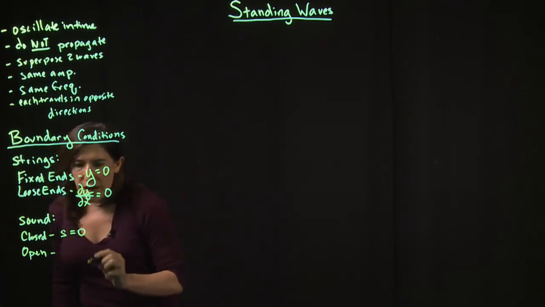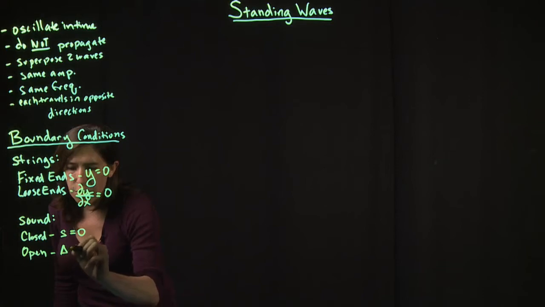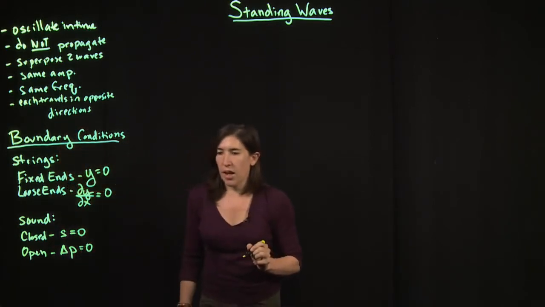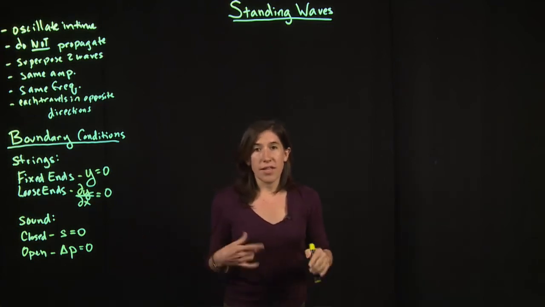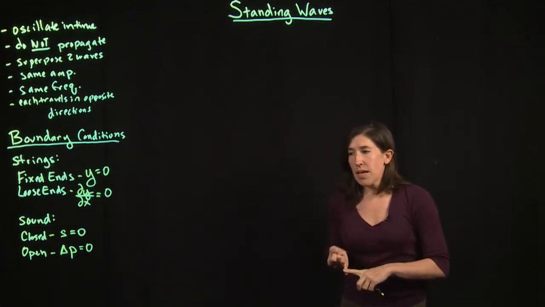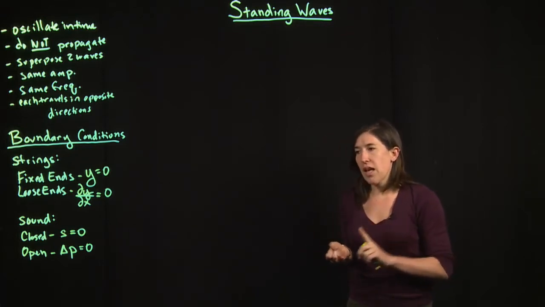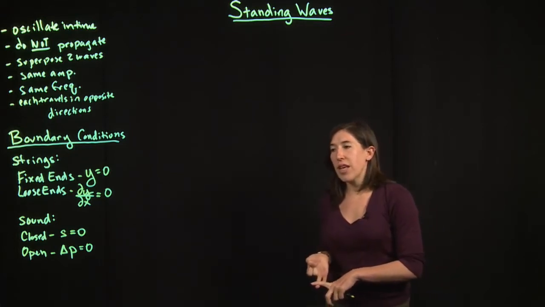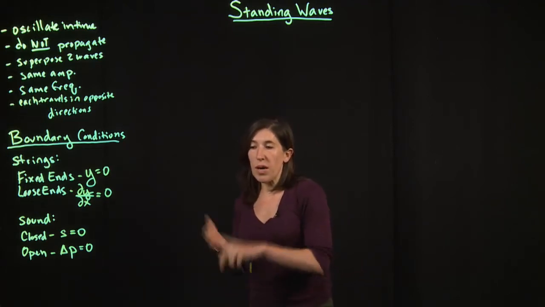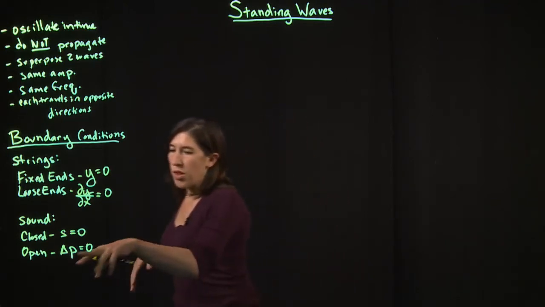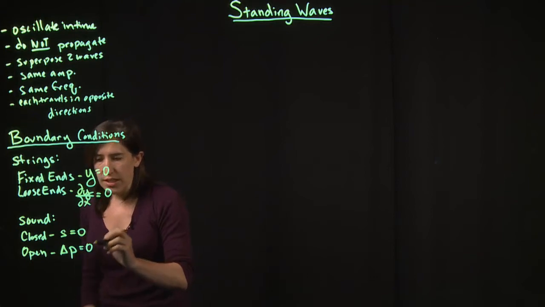And that's actually where your change in pressure goes to zero. You can describe sound waves either by the displacement, the average displacement of the air molecules, or by the density of the air in the pipe or the pressure in the pipe. So with open ends, we'll see that the pressure goes to 0.